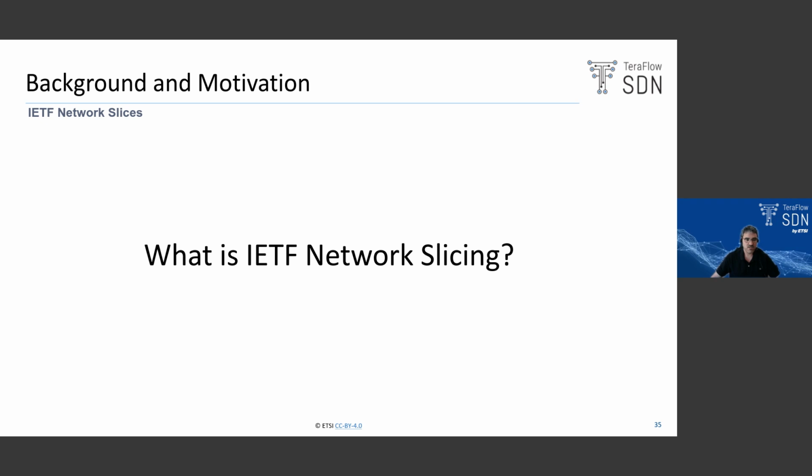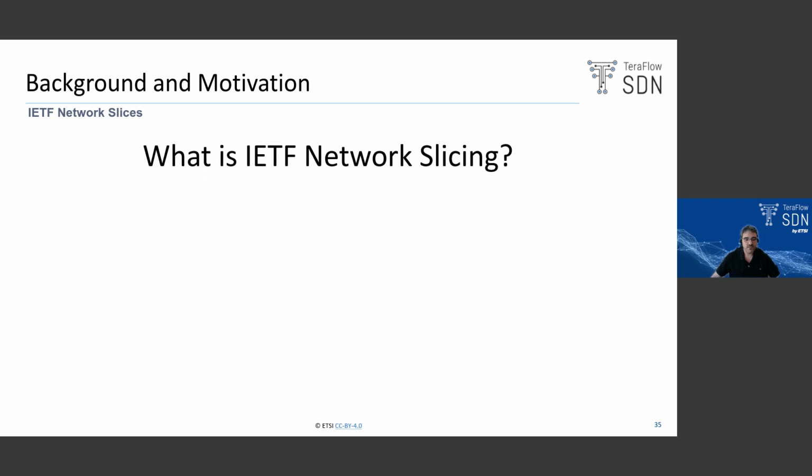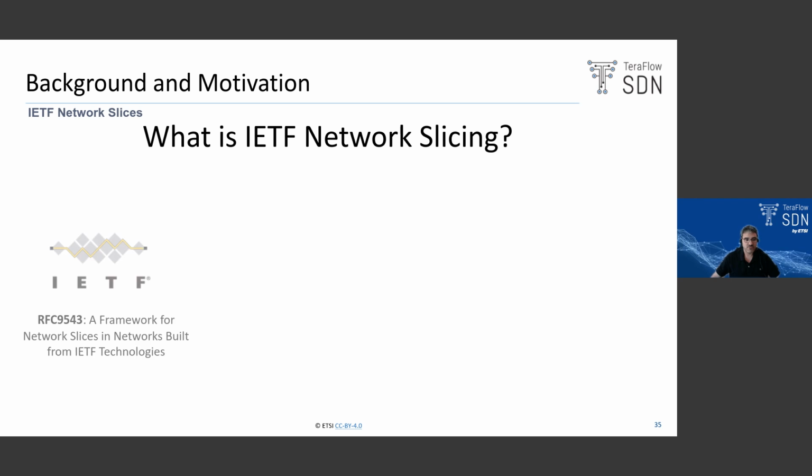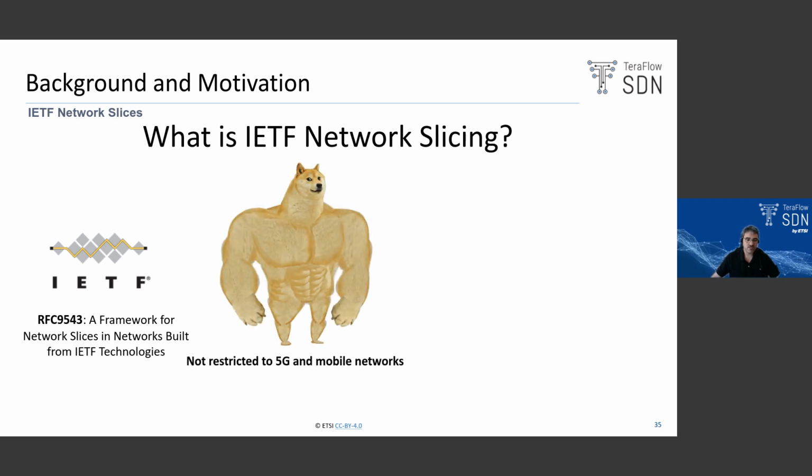So the idea is that the IETF network slicing is able to provide this capacity of managing the transport networks. The IETF network slicing is based on the RFC 9543 specification, which is a framework for network slicing and network built on top of the IETF technologies. And based on that, it defines all the framework that is needed.